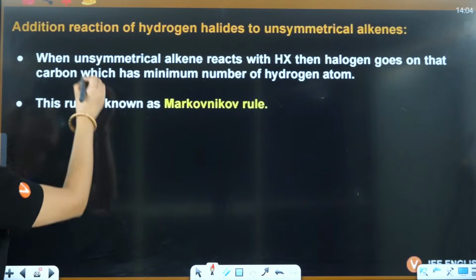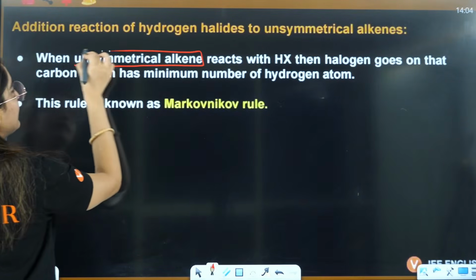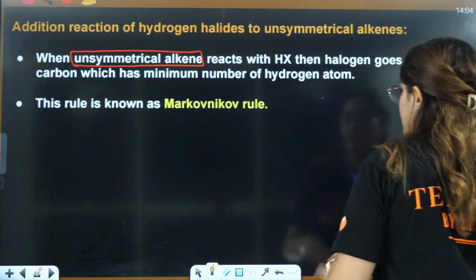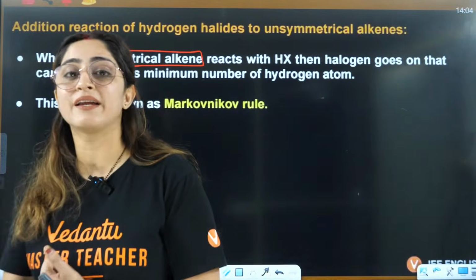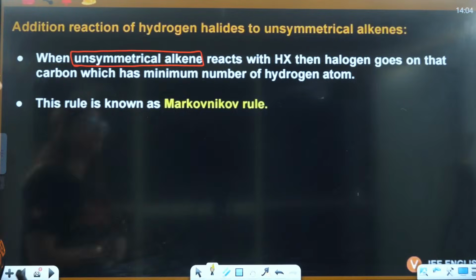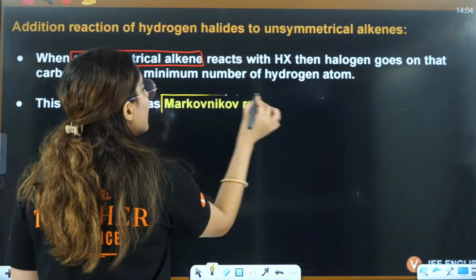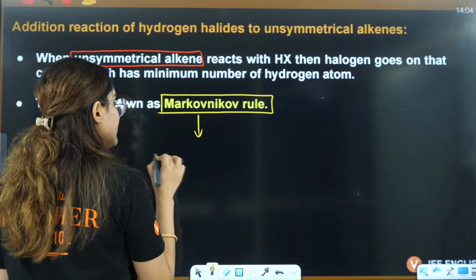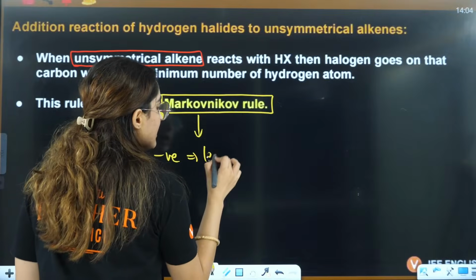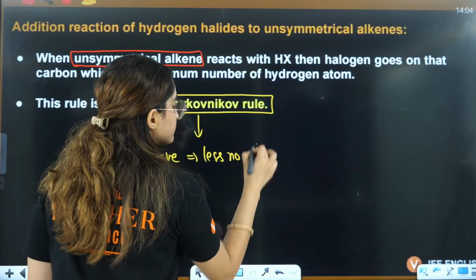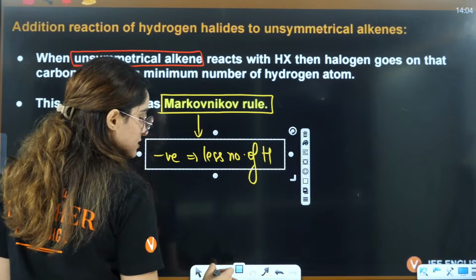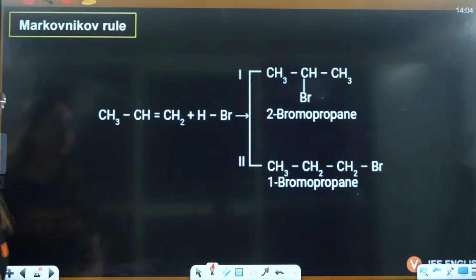But in case of unsymmetrical alkenes, what is happening? We have to apply Markovnikov rule. That means the negative part will go to the carbon with less number of hydrogens. For example, you have this compound.